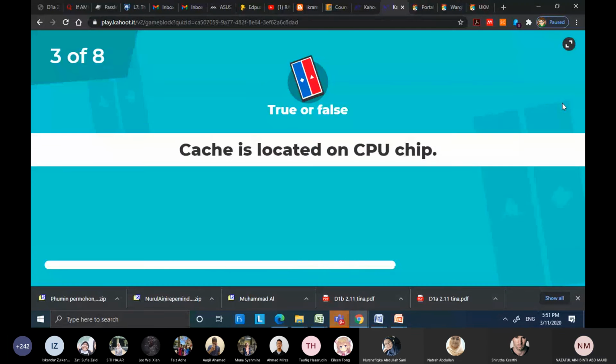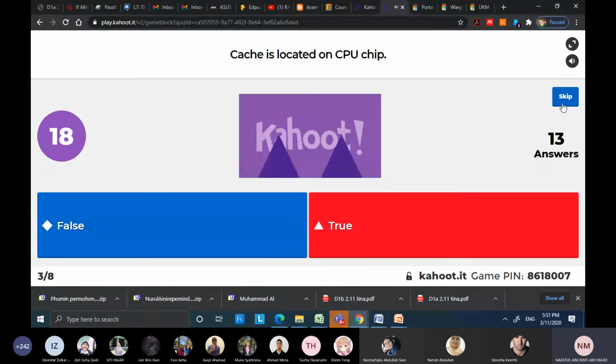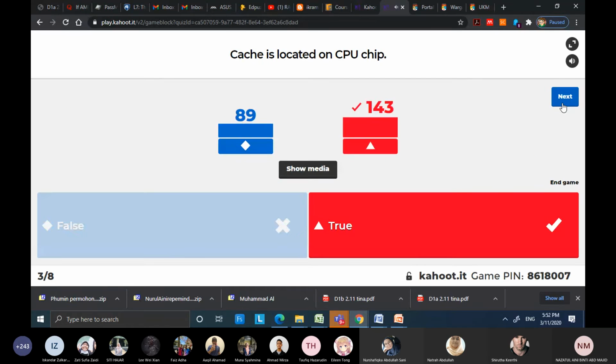Cache is located on the CPU chip. False or true? Doctor, why did the colors flip? Is it the same technical problem? No, it's the design.